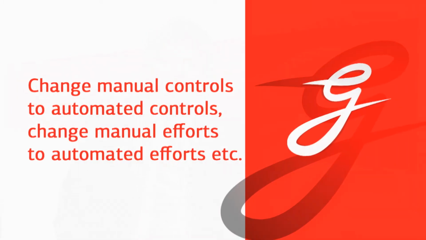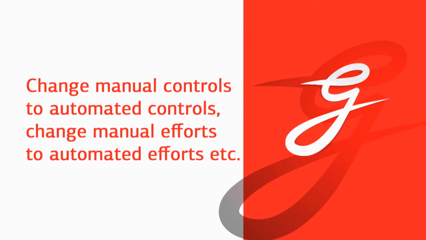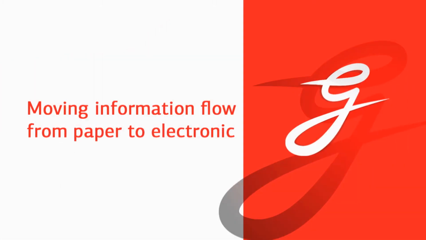Those can be, for example, we can change manual controls to automated controls. We can change manual efforts to automated efforts. And we can also see what kind of information flow we can move from paper flow to electronic flow.